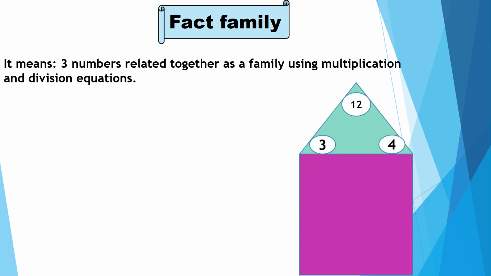We have our home for this family, and this family consists of three numbers: the big number, which will be at the top, and two other numbers. We will express this family with four equations: two multiplication and two division. We have three numbers here. Let's write the first one.